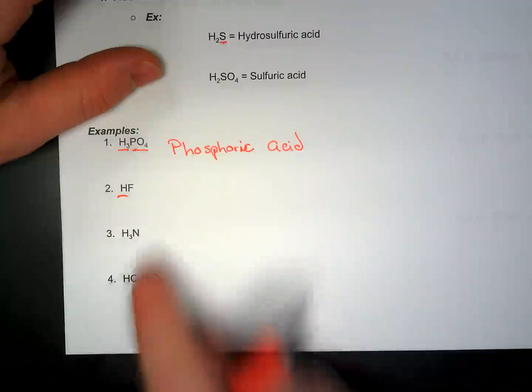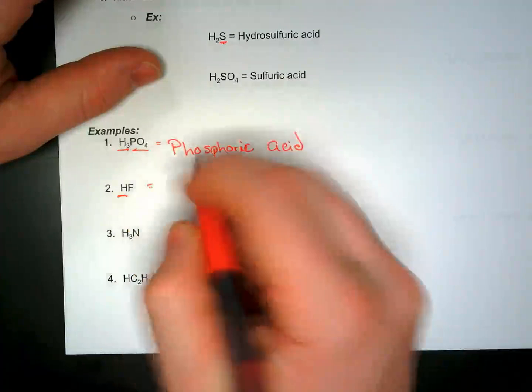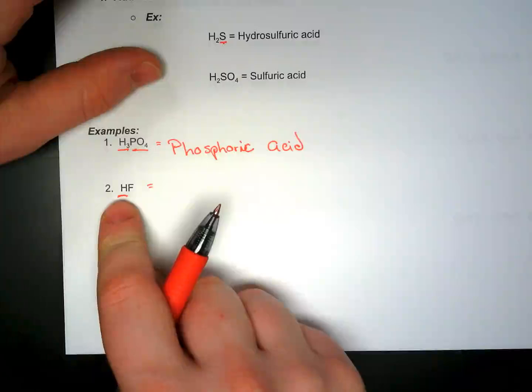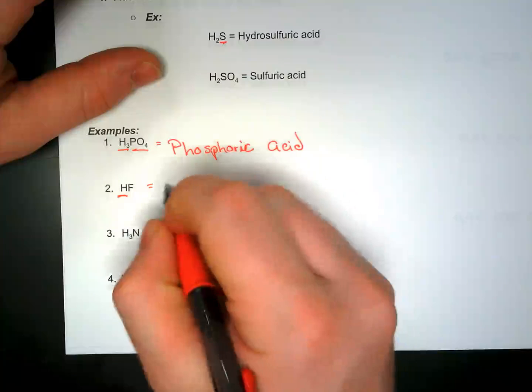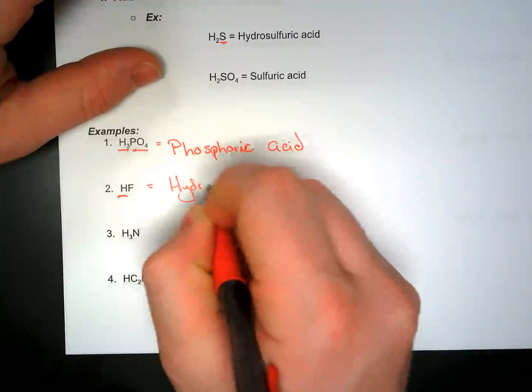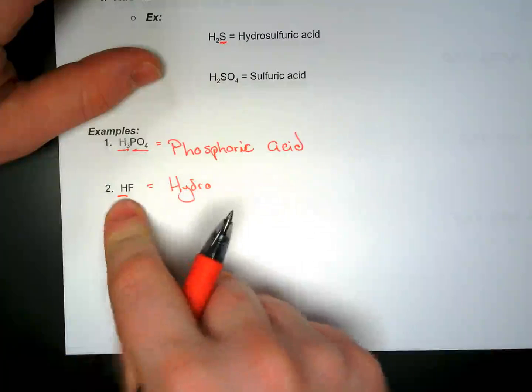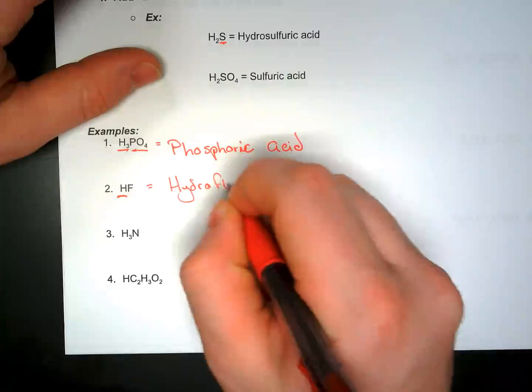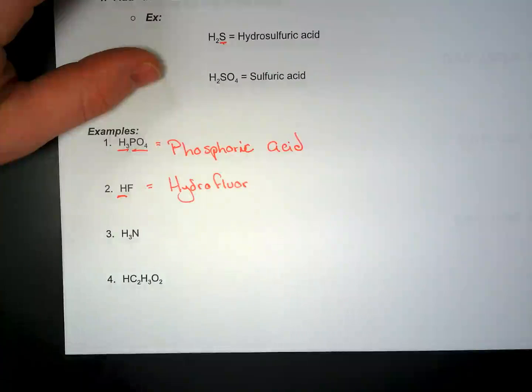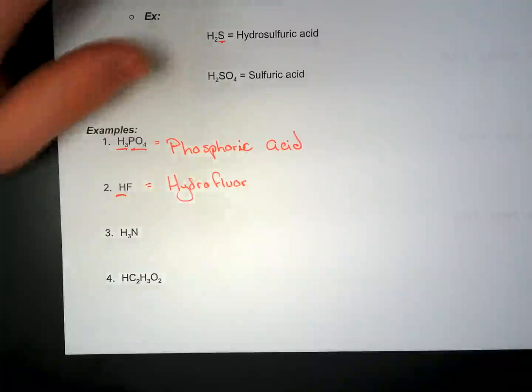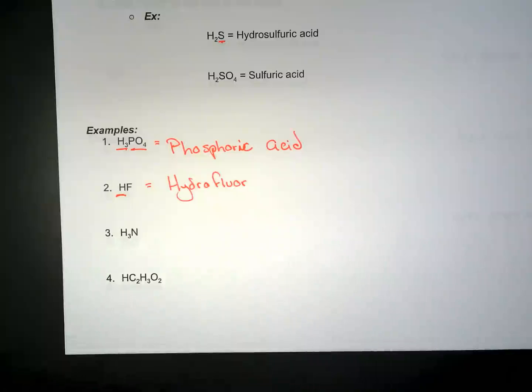That one's done. Let's try out this guy. HF. I'm going to see here that yes, it's an acid. Is it monatomic? Yes, it is. So it's going to get the prefix hydro. And it looks like this is fluorine. Now again, let's sound this out. What sounds more correct? Does hydrofluoric acid sound correct, or does hydrofluorinic acid?